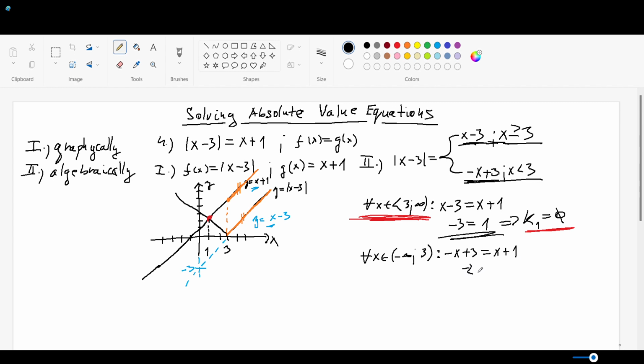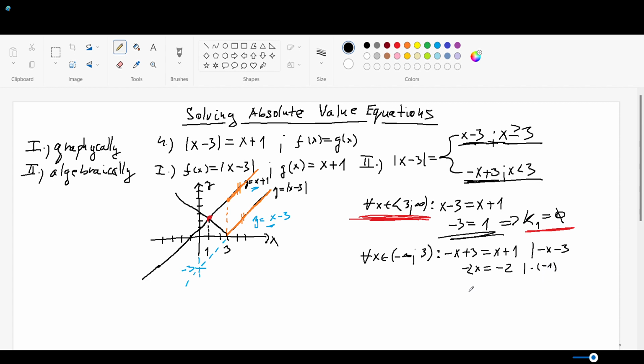And if you solve this equation, then it's going to be negative x is equal to negative 2, because what we did here is we just took away x and we took away 3.